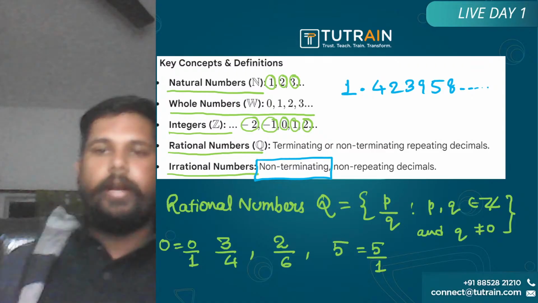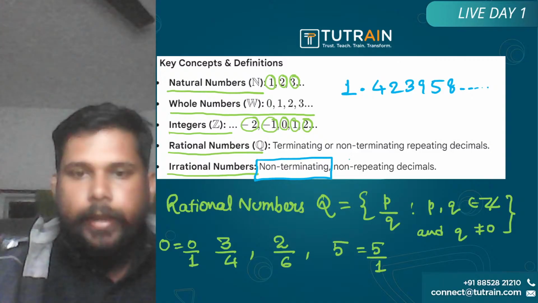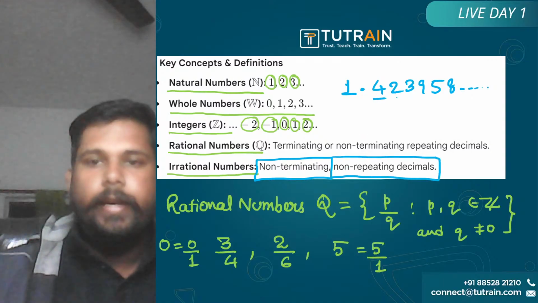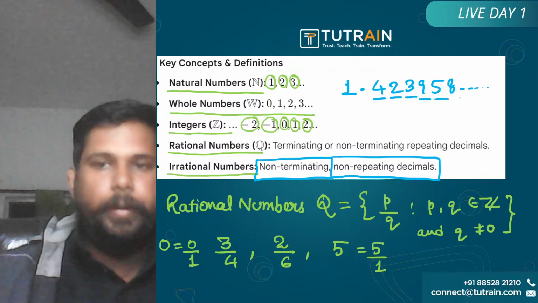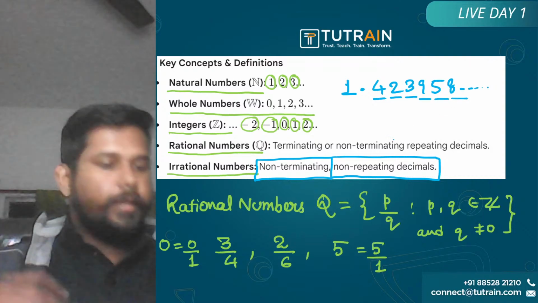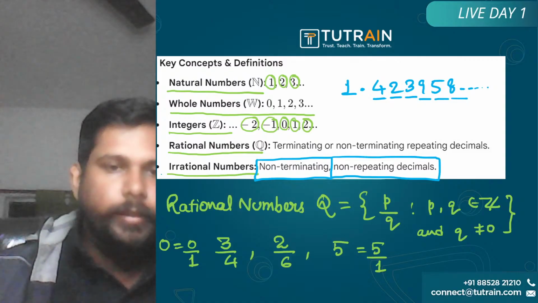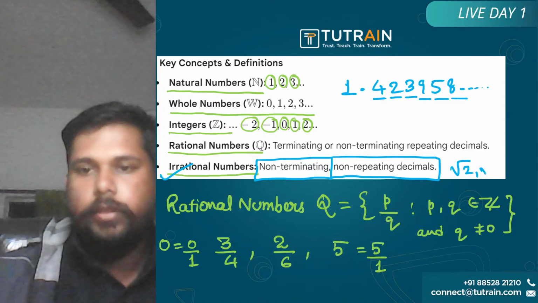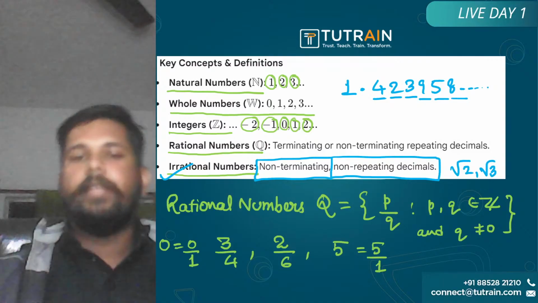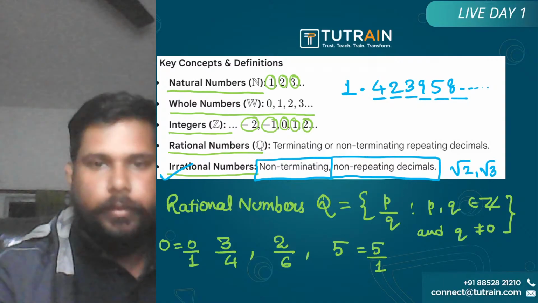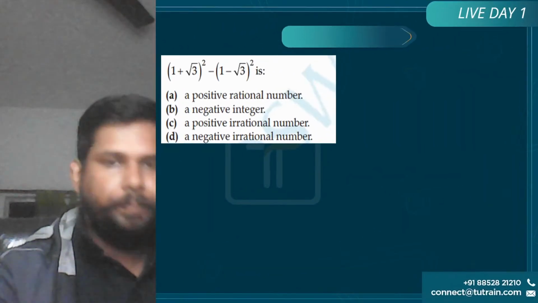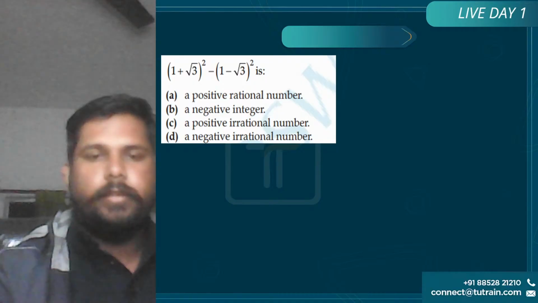It will go on and on. Non-repeating means after the decimal point, the digits do not repeat themselves. Such numbers are called irrational numbers. Square root 2, square root 3, square root 5 are also irrational numbers.